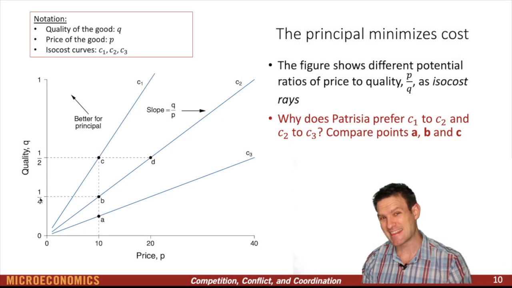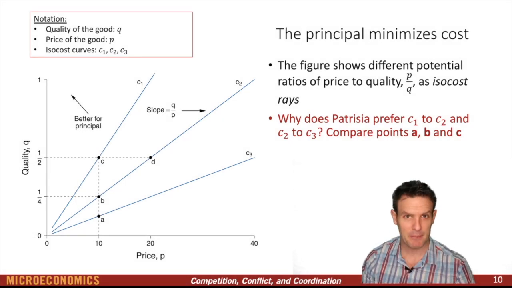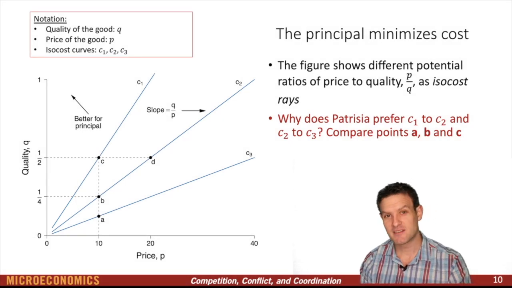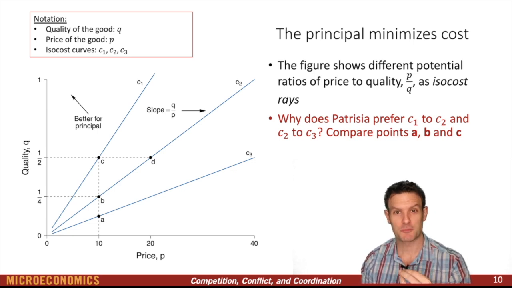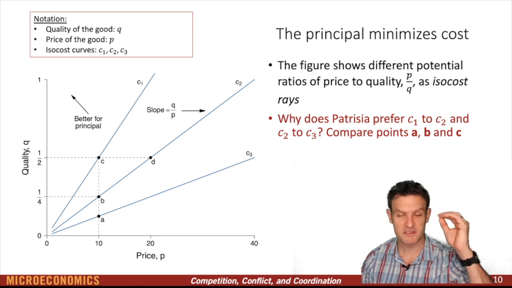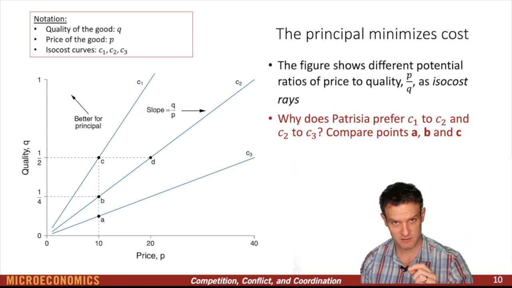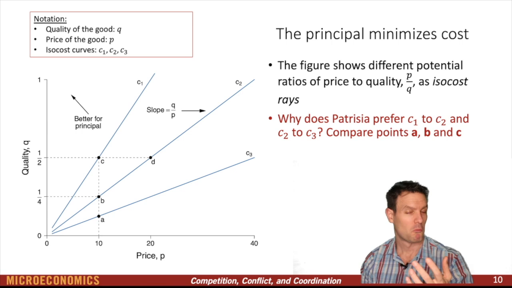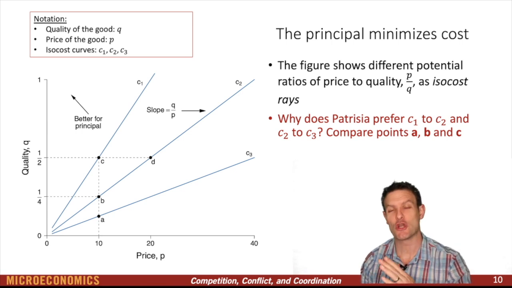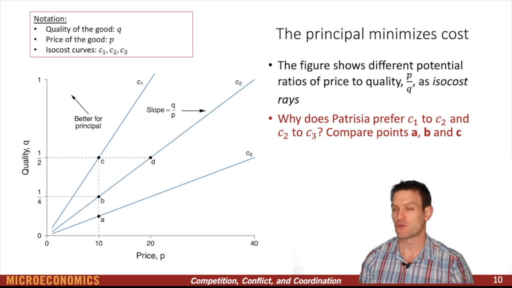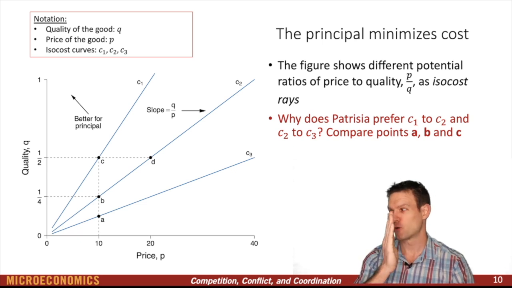So understanding that, what can we see is happening? Given the price that she pays of 10, she wants to minimize her costs, which corresponds to getting a higher quality for the same price. So what does that imply? It implies that she always prefers a steeper isocost curve. So thinking about that for a second, what do we see there?